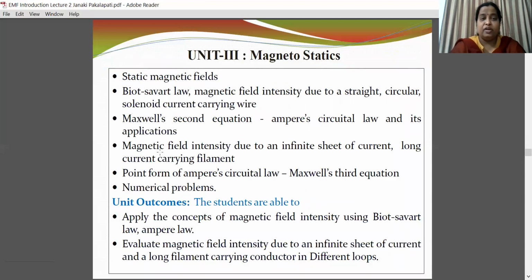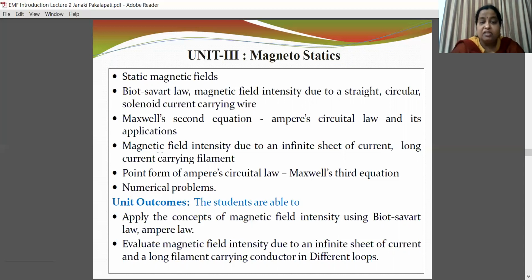The third unit consists of static magnetic fields, with the main basic laws like Biot-Savart's law, which will be useful in finding the magnetic field intensity due to several arrangements like straight, circular, solenoid, current wire, etc. We will also be discussing Maxwell's second equation, called Ampere's circuital law, and its applications in finding magnetic flux density as well as magnetic field intensity with their relation.